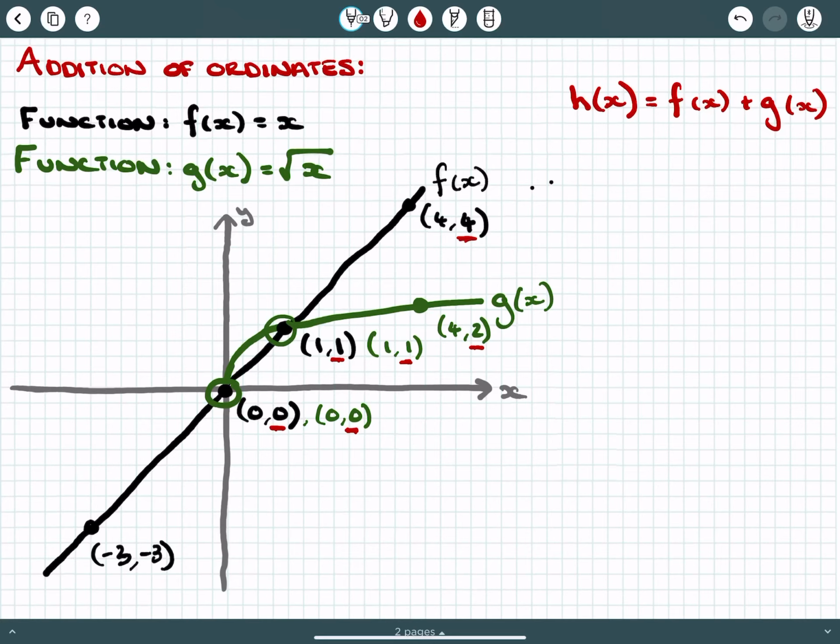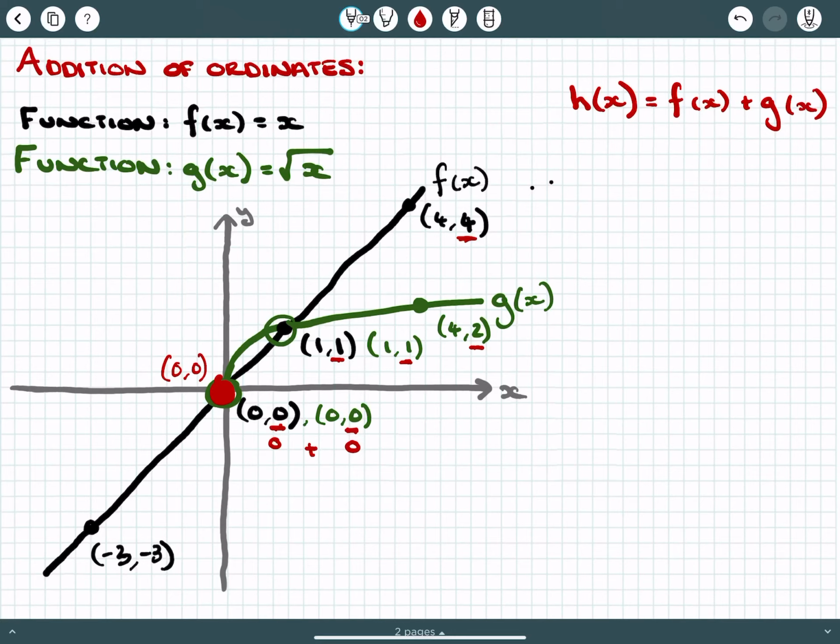So if I have a look at this value here, and I say, okay, for x equaling 0, I have y 0 plus 0 here. That gives me (0, 0). That's our coordinate, and I'll do it really, really large, of h(x).